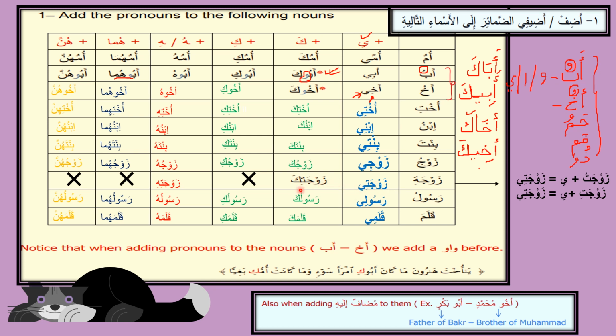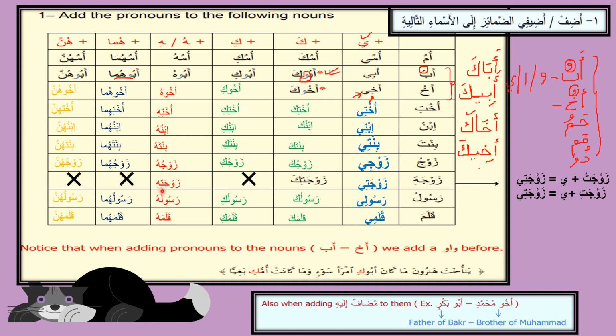Zawjatika means, now pay attention, the ka damir is with the zawjati. So the ta with the kasra remains as it is, zawjatika. So that means your wife. And zawjatiki, it cannot happen. So I have put a cross here.